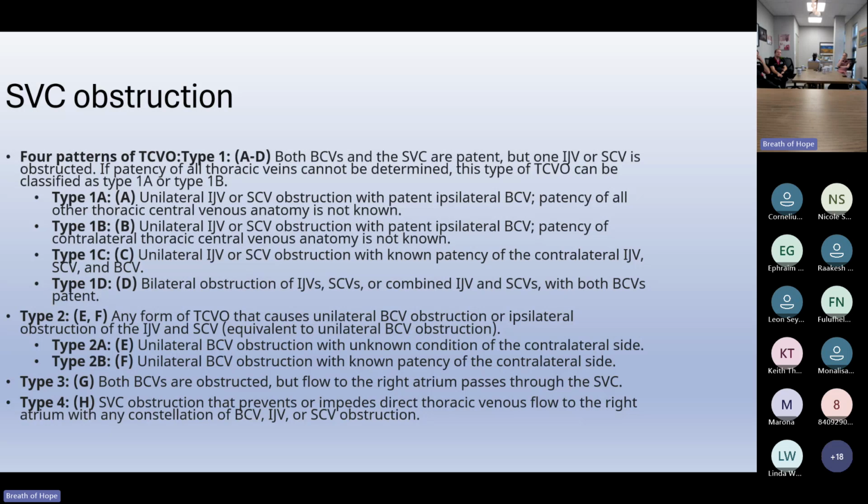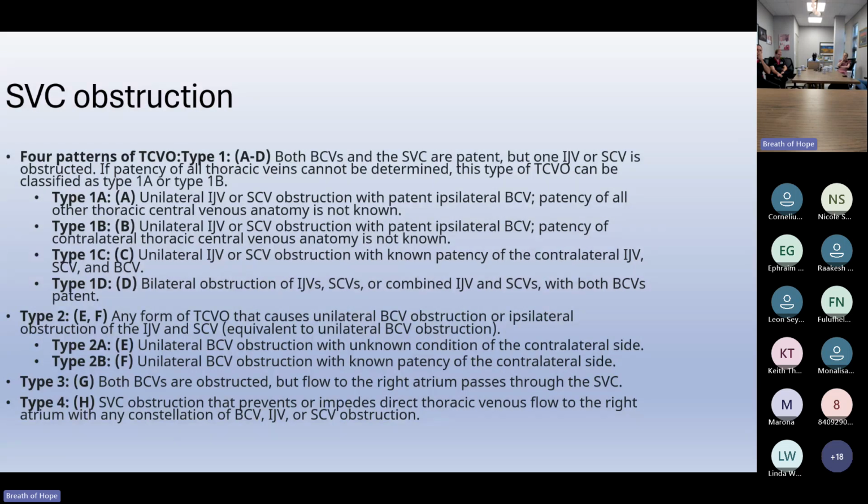In type 1B, you have unilateral internal jugular vein or superior vena cava obstruction with a patent ipsilateral brachiocephalic vein. And then type 1C, where you have unilateral IJV or SVC obstruction with non-patency of the contralateral side. And type 1D, where you have bilateral obstruction of both.